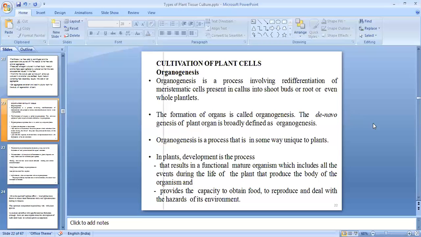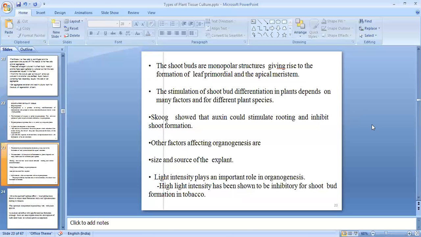Understand? Yes. And then the shoot buds or the monopolar structures give rise to the formation of the leaf primordia or the apical meristem. From the callus, the very first part formed is the shoot, from where the roots and the other parts of the plant like leaf primordia or apical meristems are formed.